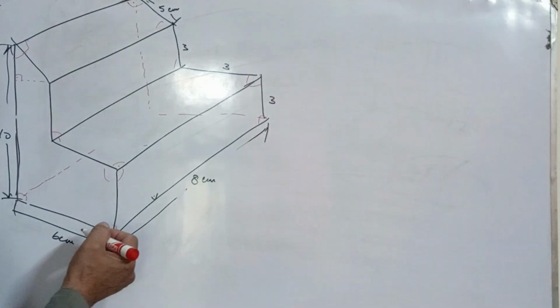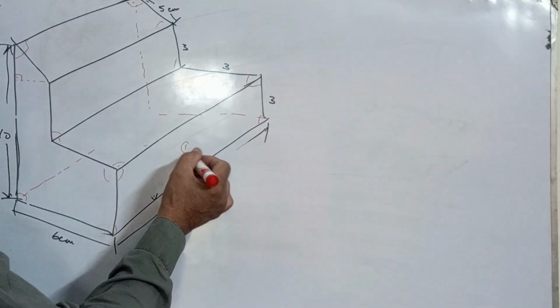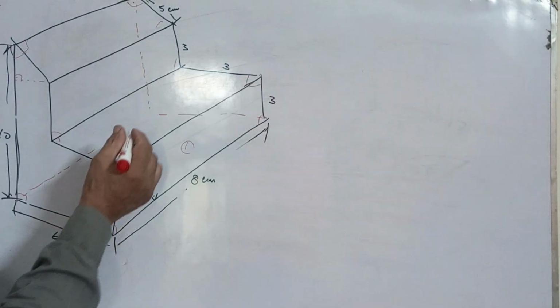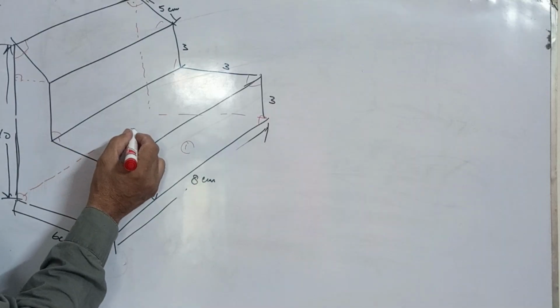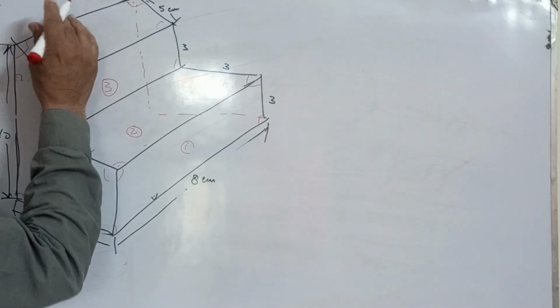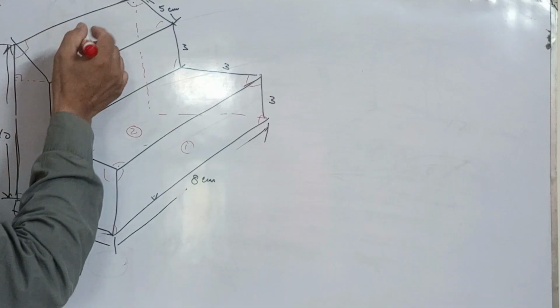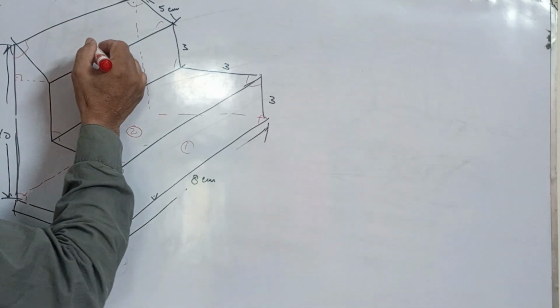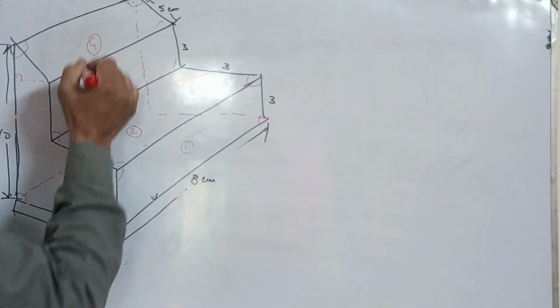First of all, what we have is this rectangle. One rectangle. Again the landing, again the riser, and again a landing, but the slanting landing. This is 4.